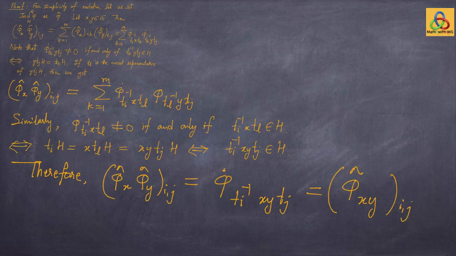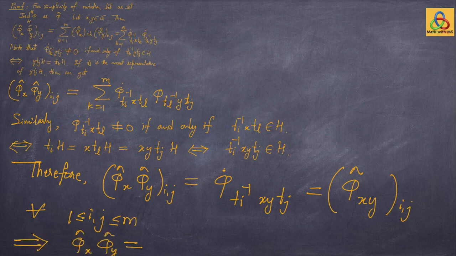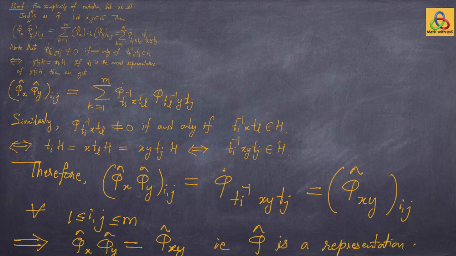So therefore the ijth block of phi cap x times phi cap y is the same as the ijth block of phi cap of xy, for all i and j greater than or equal to 1, less than or equal to m. This implies that phi cap x times phi cap y is the same as phi cap of xy. That is, phi cap is a representation of the group G. A very beautiful construction.